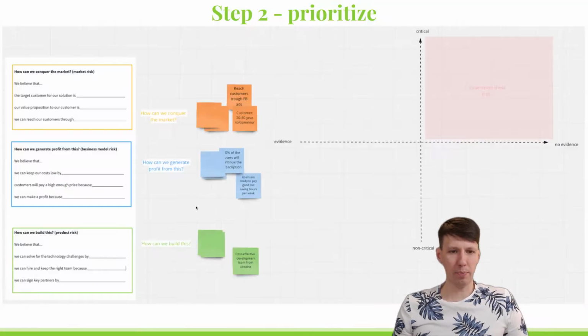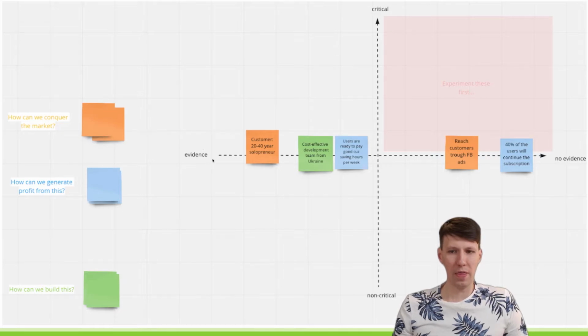The first step, when you have made this, is to think about this horizontal line, the x-axis: how much evidence is there that this piece is going to work, or is there no evidence, so it's super risky. And then you just put those here.